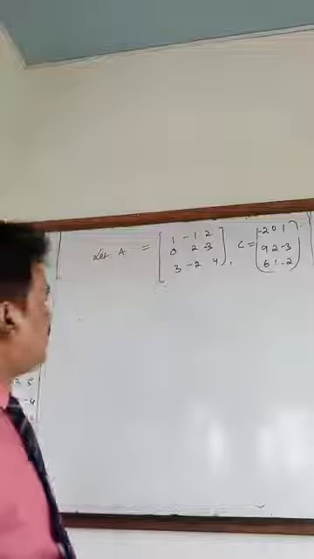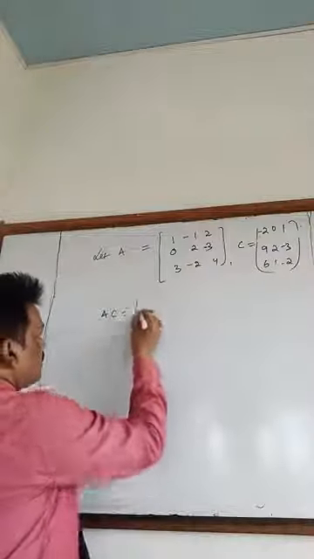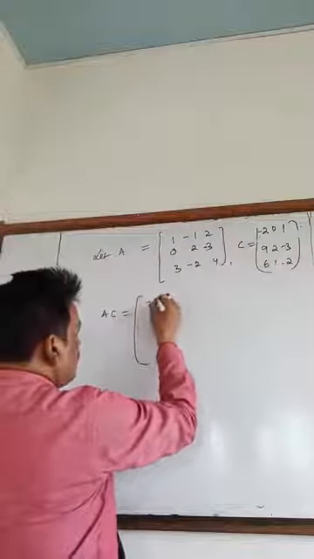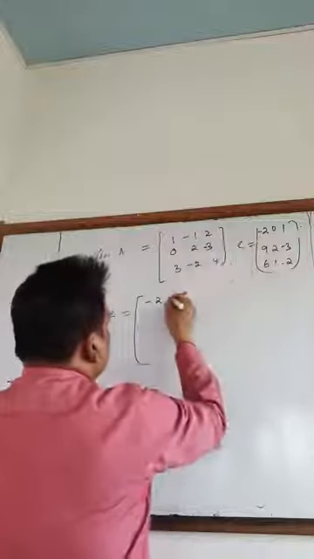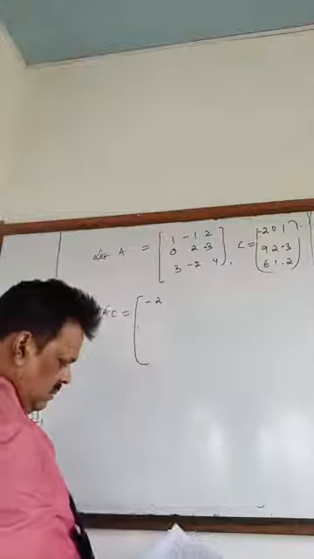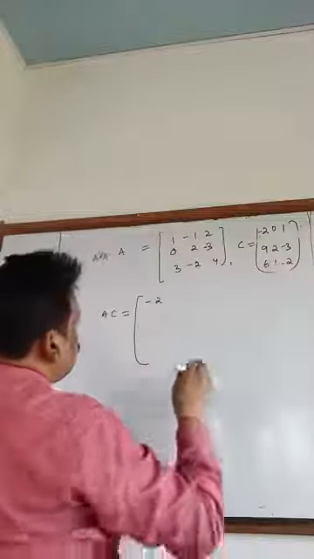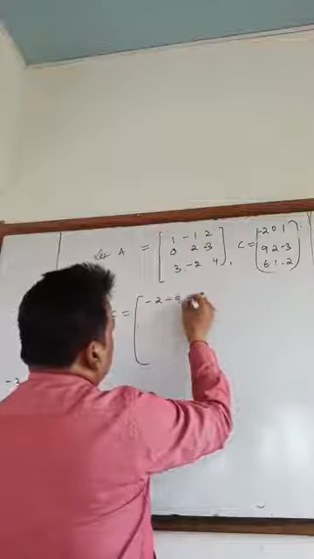So if I multiply, what is AC for us? AC will be the product of these two. 1 into minus 2 is minus 2, then minus 2, minus 9, plus 12.